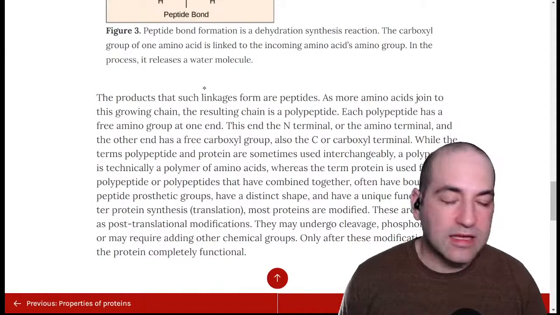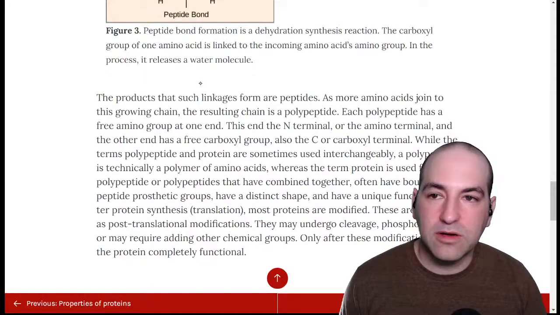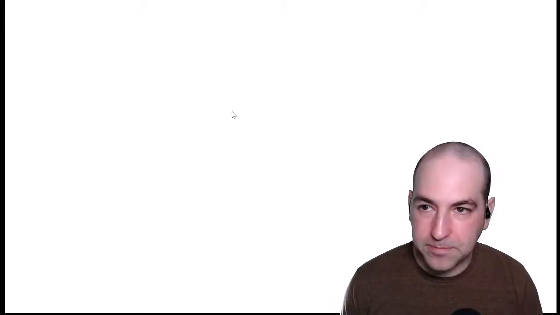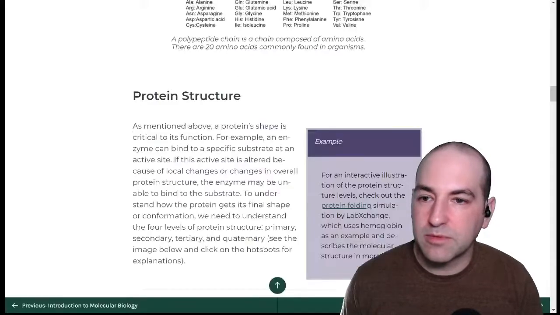Okay, so that link that they're going to make here is called the primary structure. And we can see what that looks like here. All right, while that's loading, I'm just going to pull up this other one.